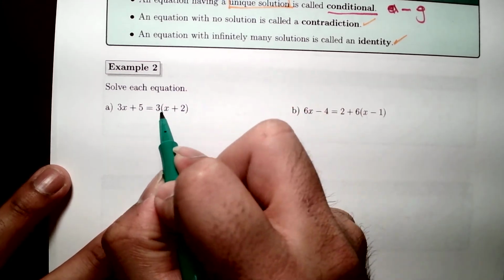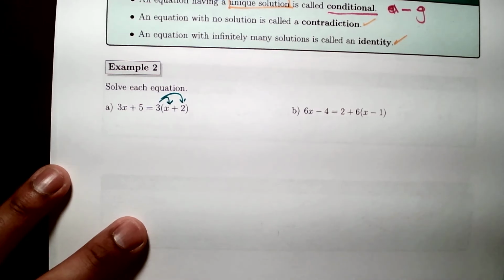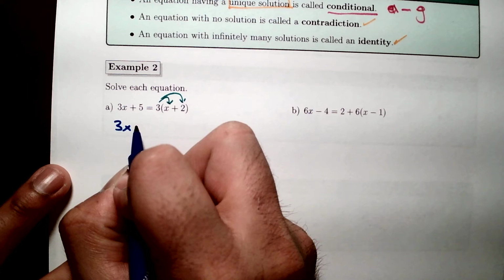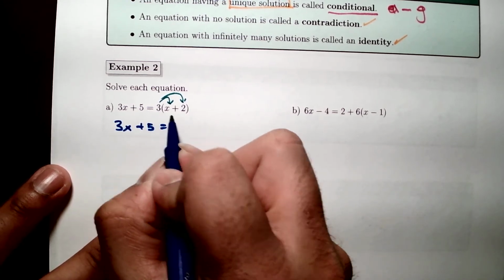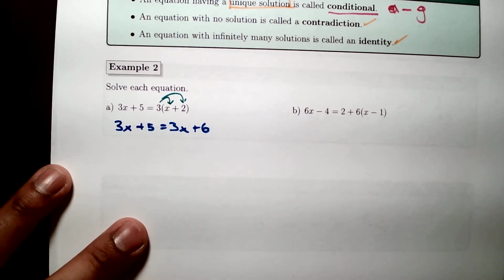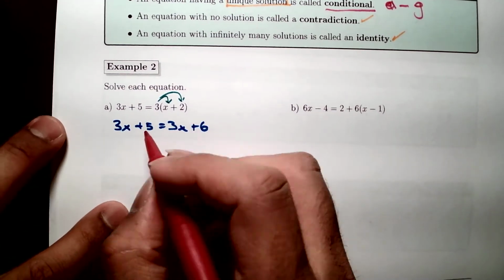So I'm going to distribute the 3 over here because we have parentheses around. So I have parentheses, the left hand side remains the same, and 3 times x is 3x, and 3 times 2 is 6.